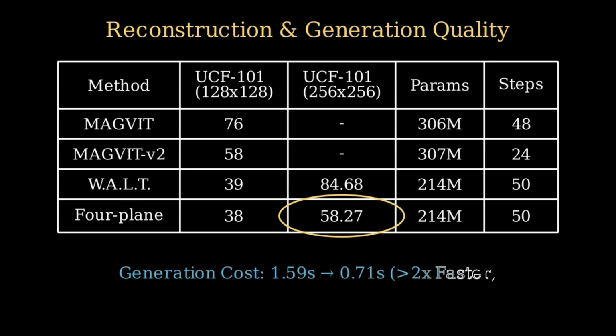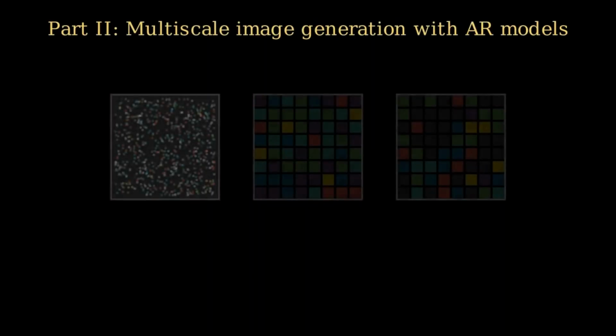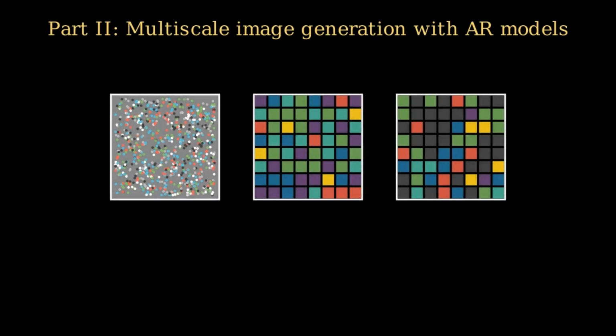Furthermore, due to the radically shortened latent sequence length, the self-attention computation is heavily accelerated. This cuts the generation cost from 1.59 seconds down to just 0.71 seconds, making the sampling process more than 2 times faster.